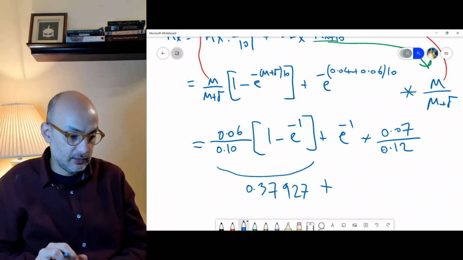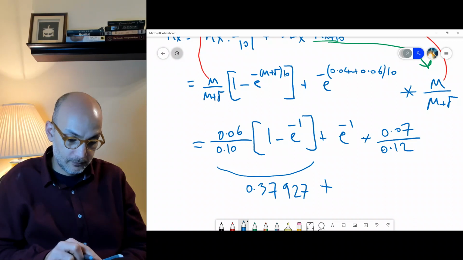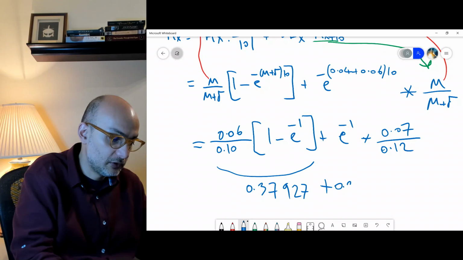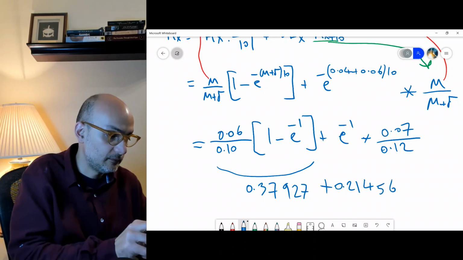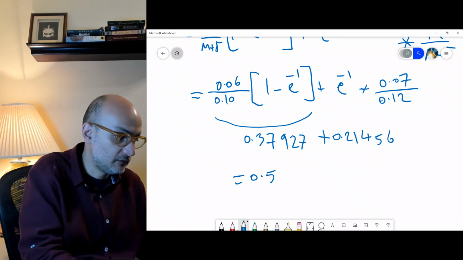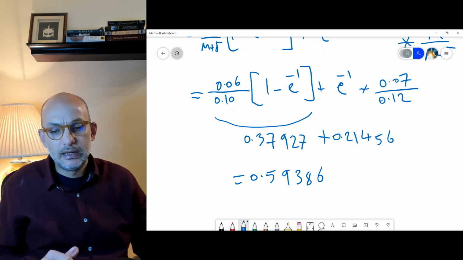Now the second term is 0.21459 plus, now we add them up, you would get 0.59386.